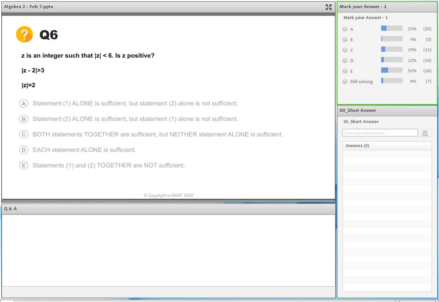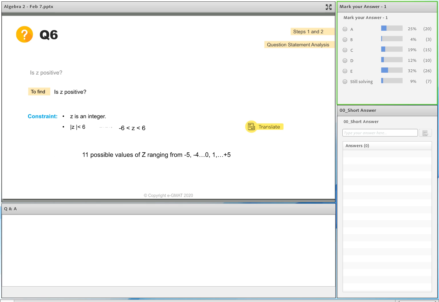All right, let's understand the question and try to find out the answer. In the question, it is given that z is an integer such that mod of z is less than 6. I need to find out whether z is positive or not. The constraint given is that z is an integer. Another piece of information is that mod of z is less than 6.